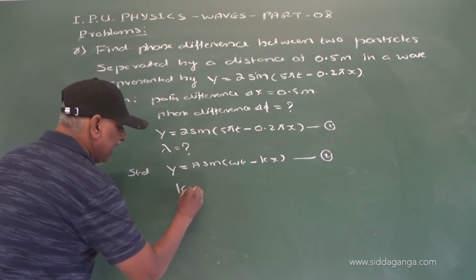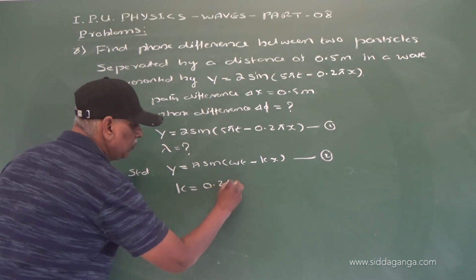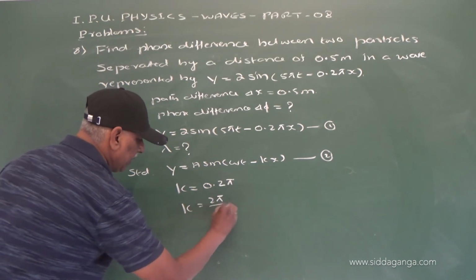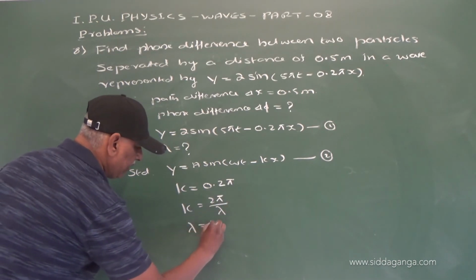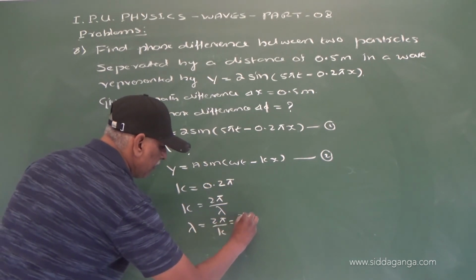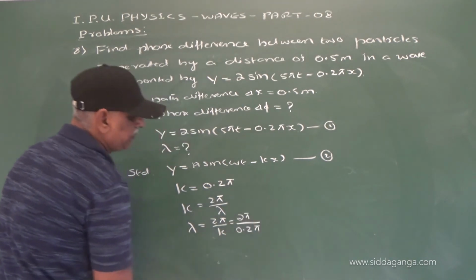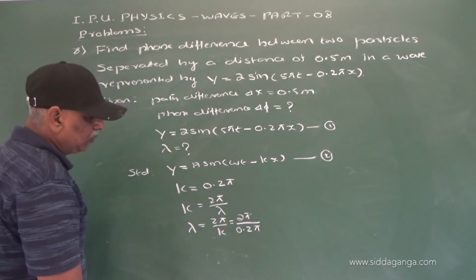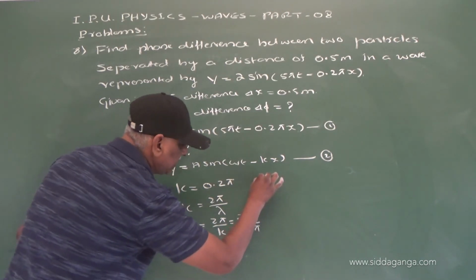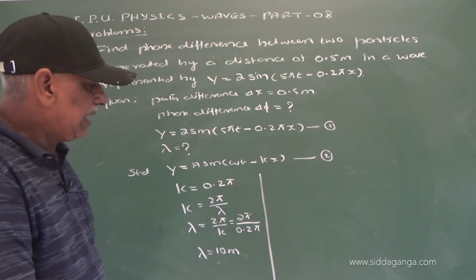We have k is equal to 0.2 pi, but k is also equal to 2 pi by lambda, or lambda is equal to 2 pi by k, that is 2 pi by 0.2 pi. Pi gets cancelled, 2 by 0.2, 20 by 2, lambda is equal to 10 meter. So with the help of the given equation, we have found the lambda value.